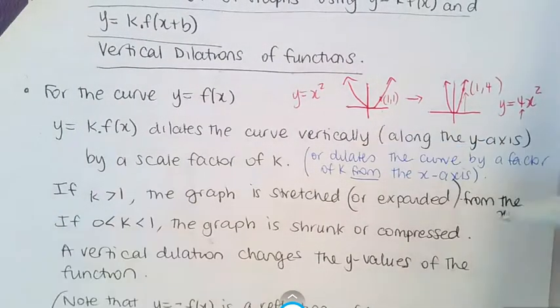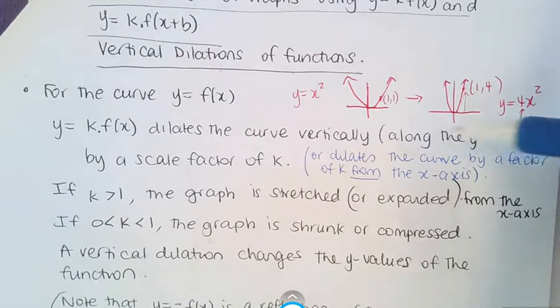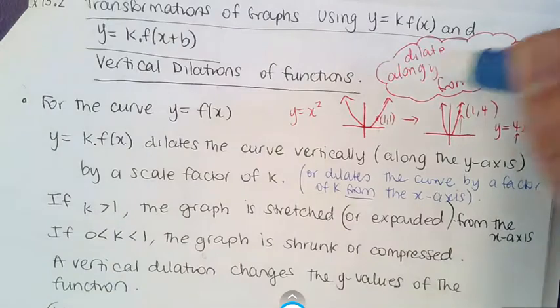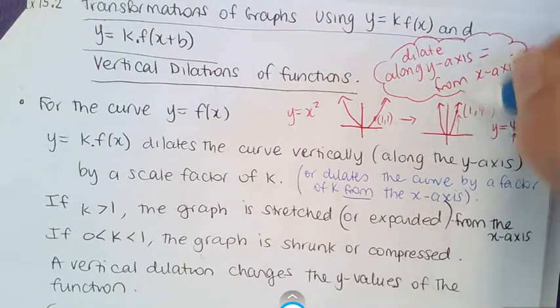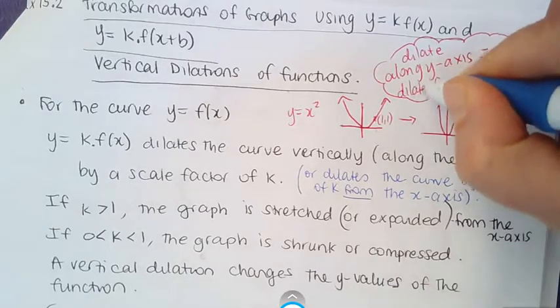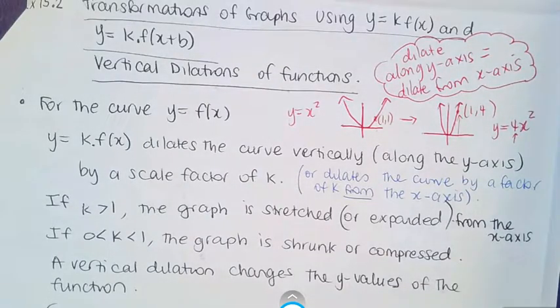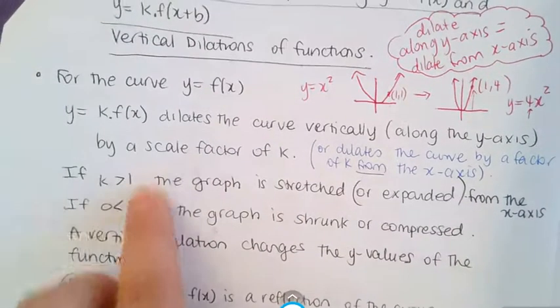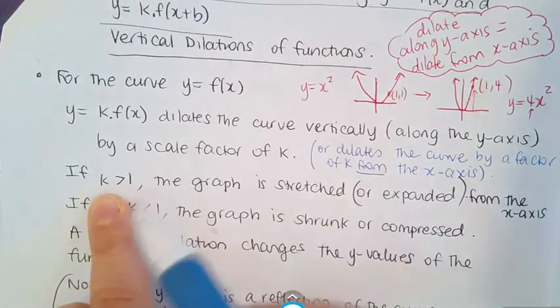So that was the original type of stretching that you've seen, and that's stretched along the y-axis or from the x-axis. Or stretching along the y-axis is the same as dilating from the x-axis or stretching from the x-axis.